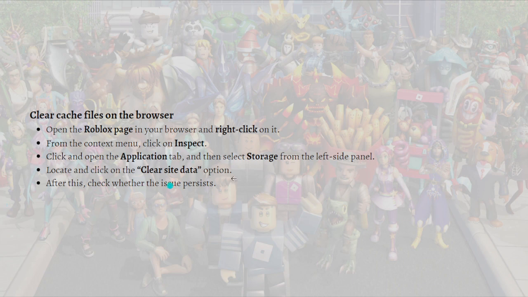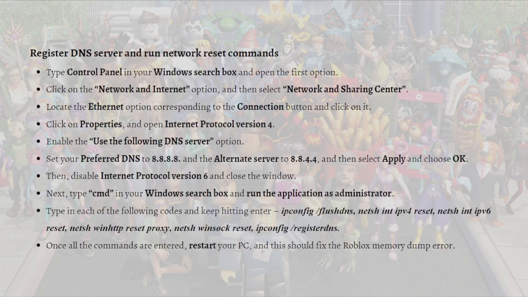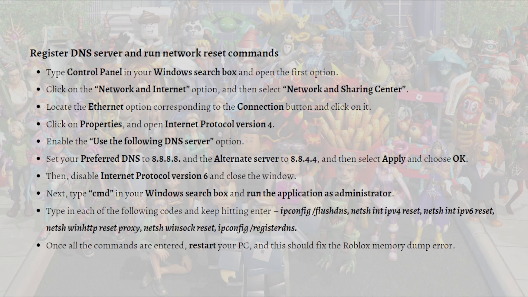And if it did, you can go ahead and follow the next step, which is to register DNS server and run network reset commands. To do this, type in Control Panel in your Windows search box and open the first option to pop up. In there, click onto the Network and Internet option and select the Network and Sharing Center. Locate the Ethernet option corresponding to the connection and click on it, then click on Properties in that window.